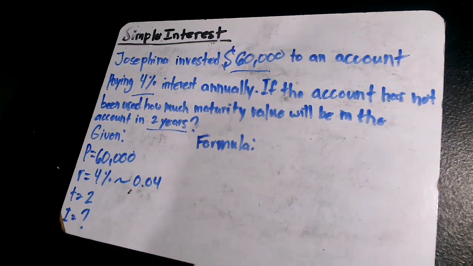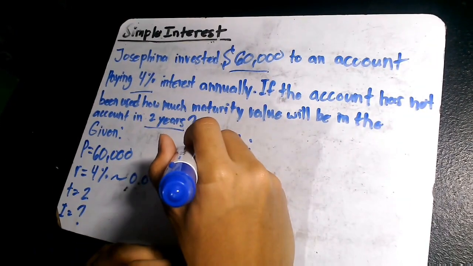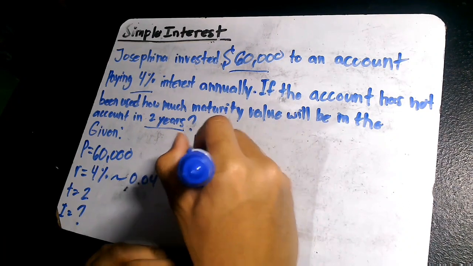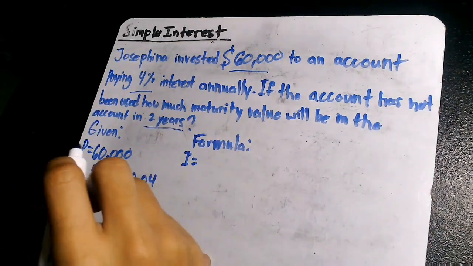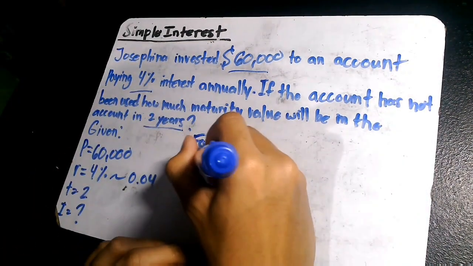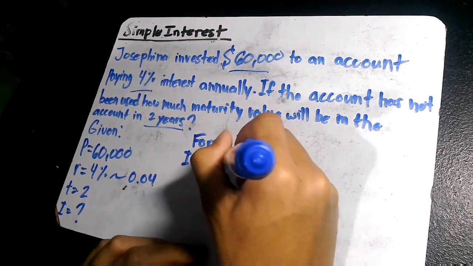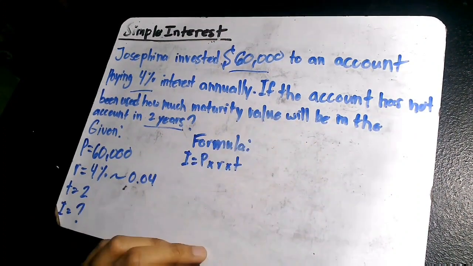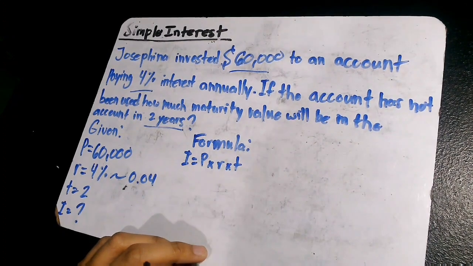Since we have determined that I is missing, we will use a formula that solves for I. And this formula is I, or interest, is equal to P times R times T, just like my example earlier.